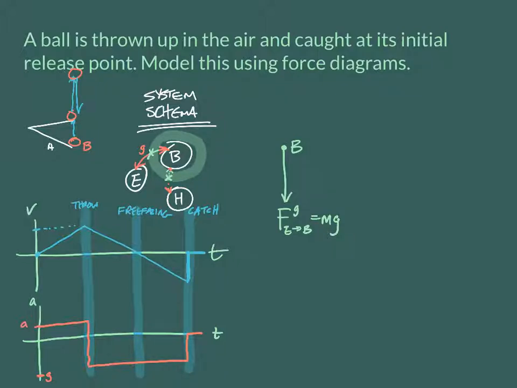So during the throw, there's some other force on it, and that's just the force of contact of the hand on the ball. And in this phase, acceleration is upward, and in fact, the change in speed is greater than zero. It's one way to pay attention to this during the throw. All right.